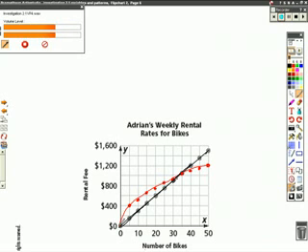For Adrian, there's definitely more of a pattern than there is for Rocky. For Rocky, you can see that it increases and then it slowly starts to decrease. So the more bikes you get from Rocky, the cheaper the price goes. So what we would say, looking at the graph now.